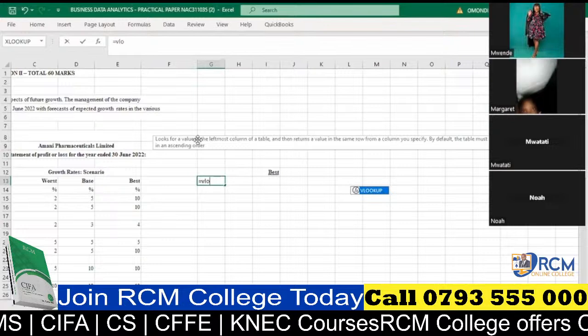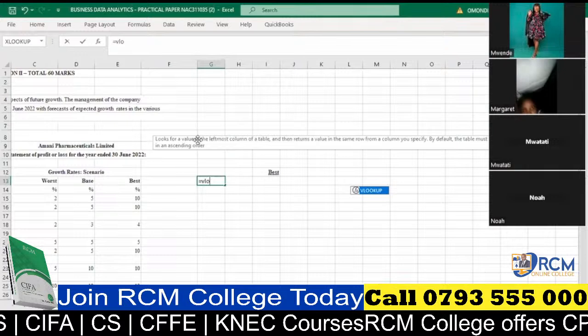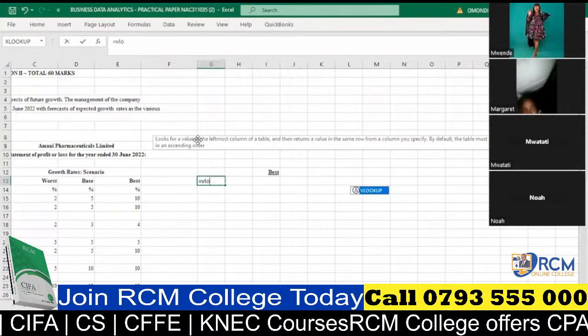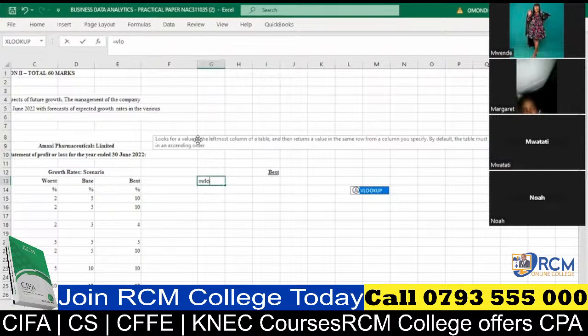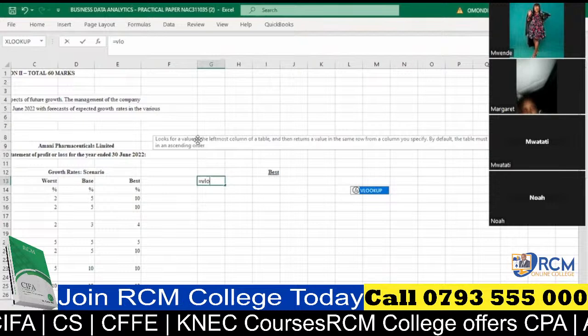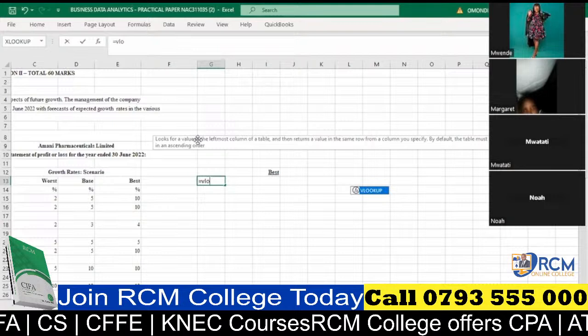I think after picking either VLOOKUP, transpose, and multiple, it gives an array as the next step. So that is the definition of an array function.